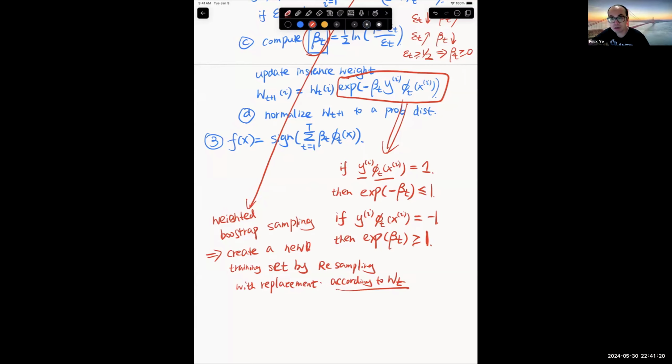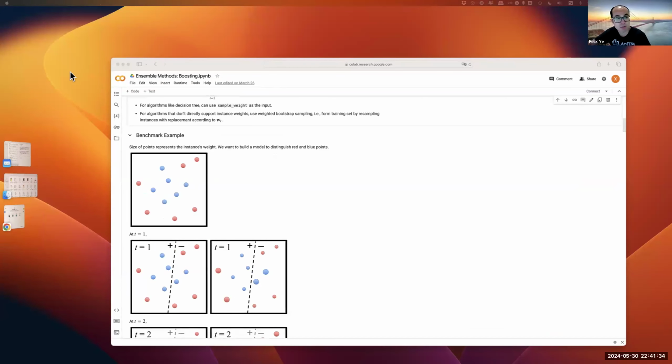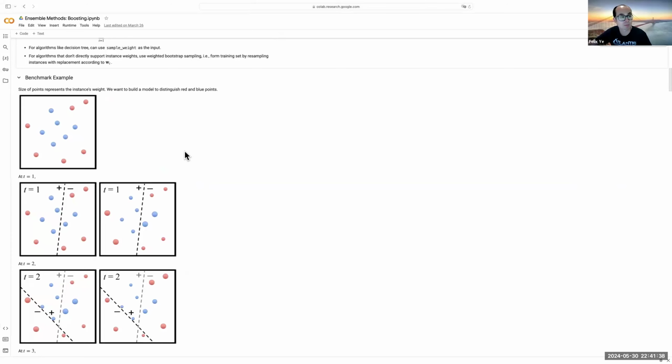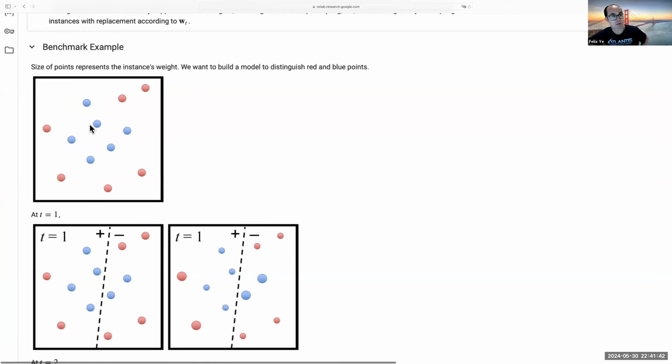Okay, so let me just show you one benchmark example, so you have a good idea what kind of problem and what kind of algorithm we are working with. Okay, so this is the benchmark example.